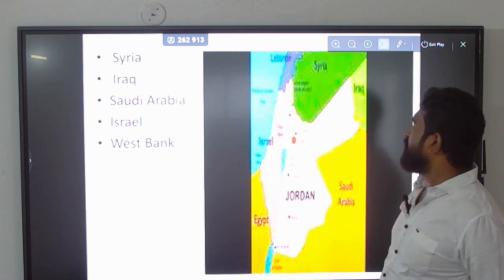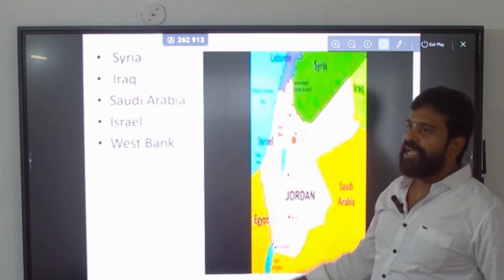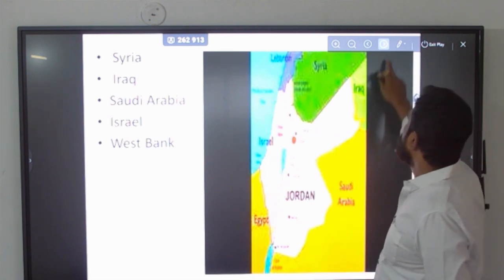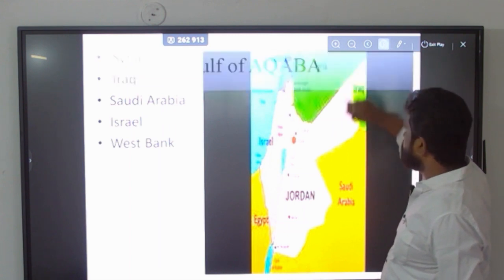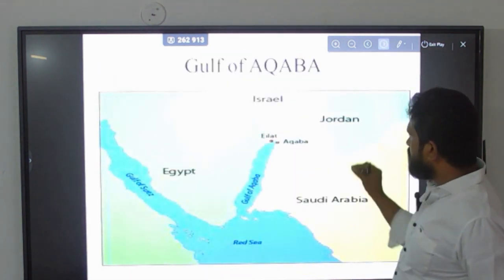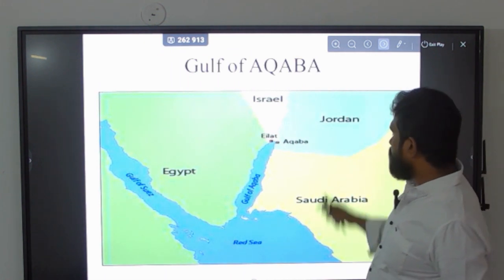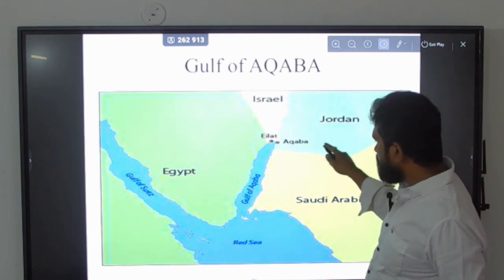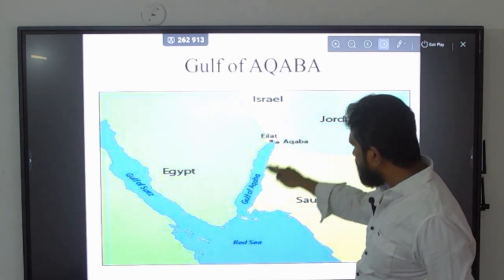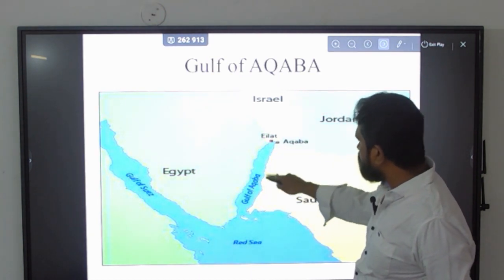So these are the countries which have a border with Jordan. And also there is a gulf which is called the Gulf of Aqaba. The country Jordan accesses the Red Sea by a gulf, that gulf which is called the Gulf of Aqaba.